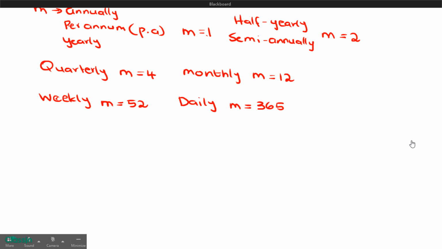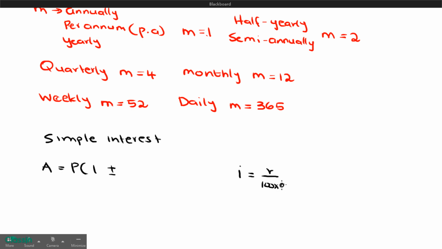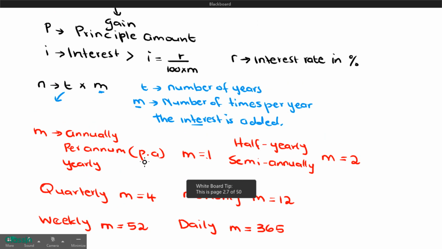Say, for example, on simple interest, which is A equals P into 1 plus or minus I. We said that I equals R over 100 multiplied by M. So R over 100 multiplied by M. And N is the same as T multiplied by M.